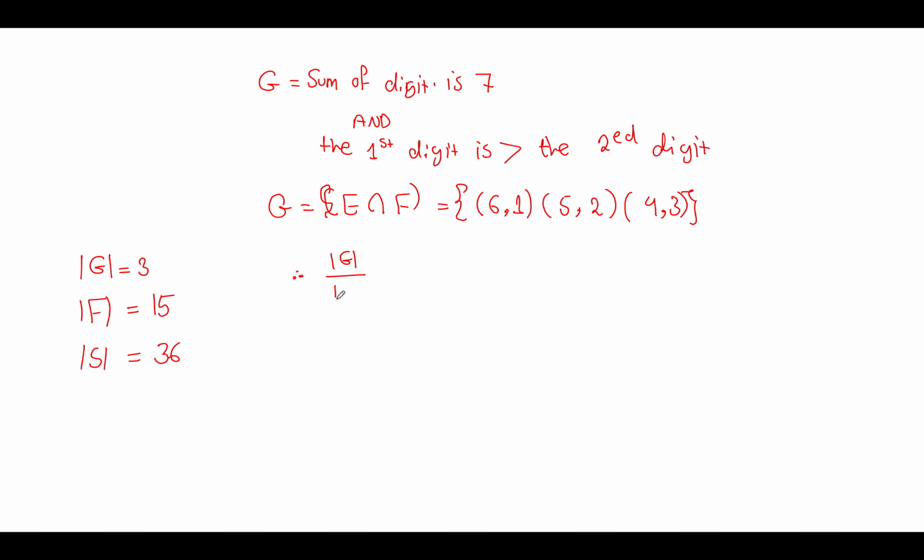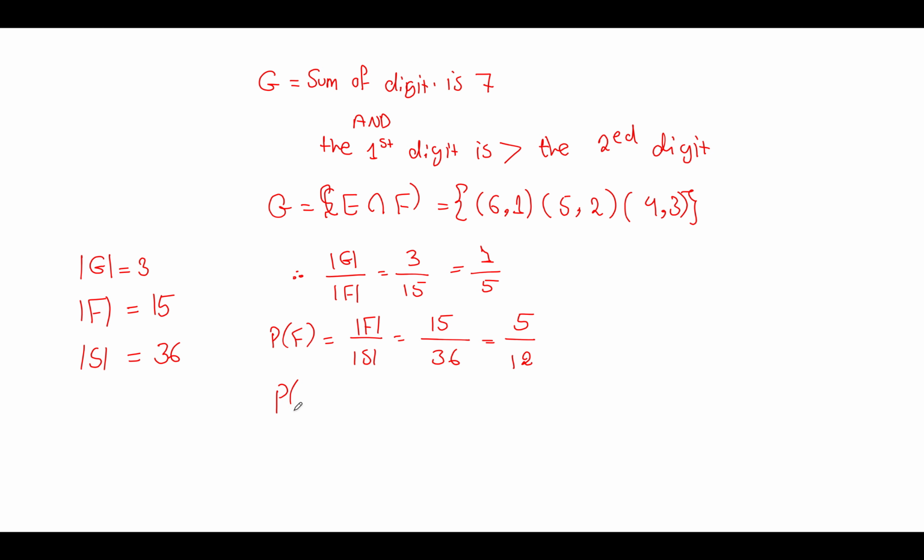Now first, the probability of getting G given F is equal to 3 over 15, which is equal to 1 over 5. The probability of F is equal to the number of elements in F over the number of elements in S, so F is 15 and S is 36, which is equal to 5 over 12.